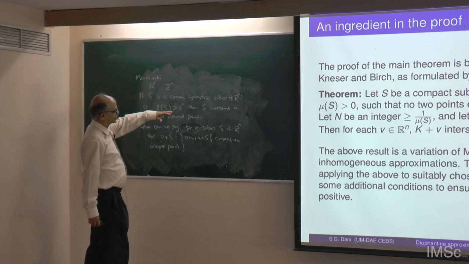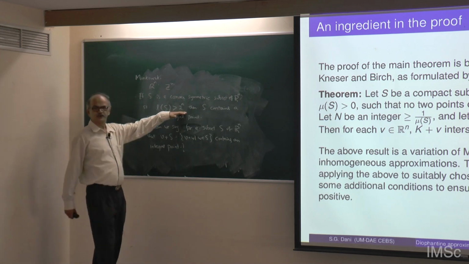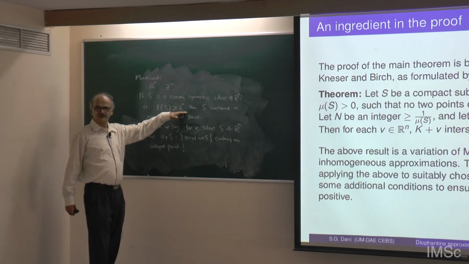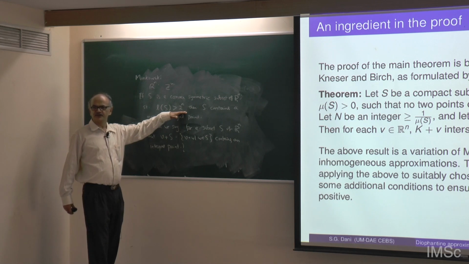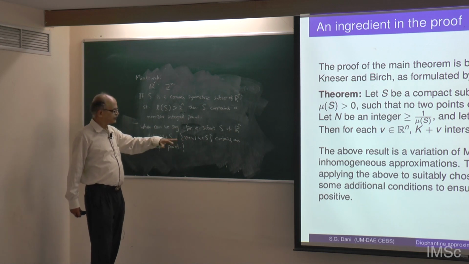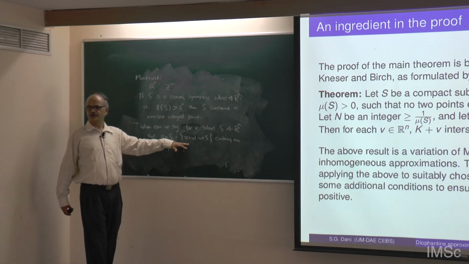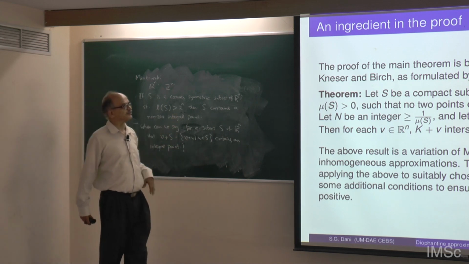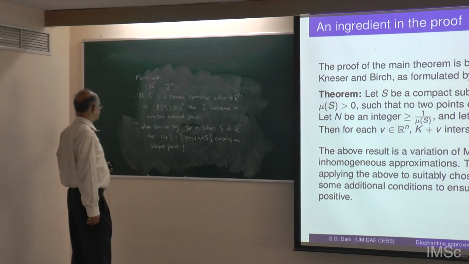You may recall that Minkowski's theorem is used for homogeneous Diophantine approximation, and to have inhomogeneous versions of that, you need a result of this form. That's the result of Kneser and Birch.